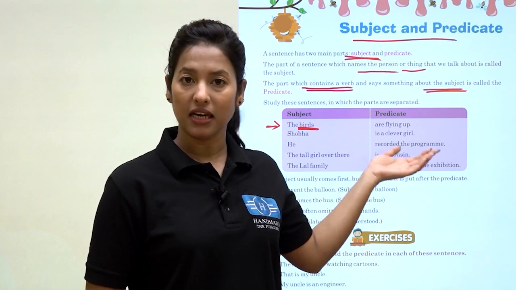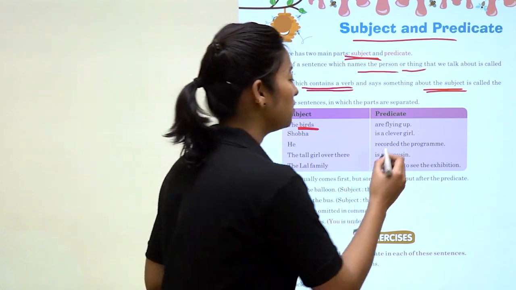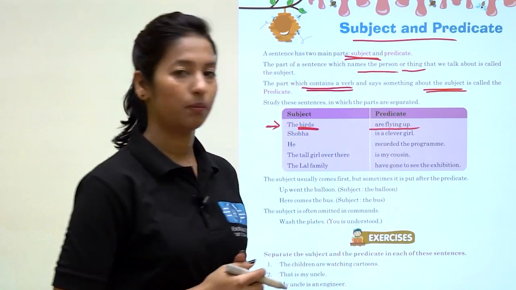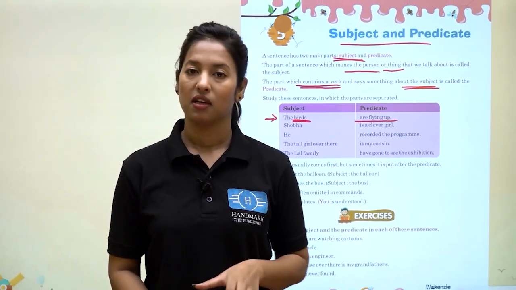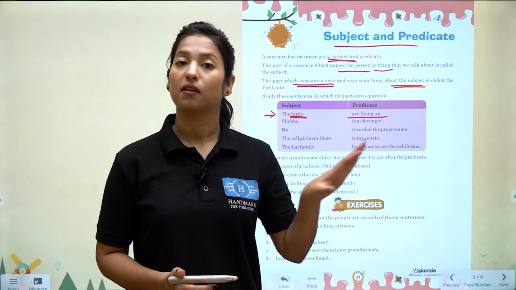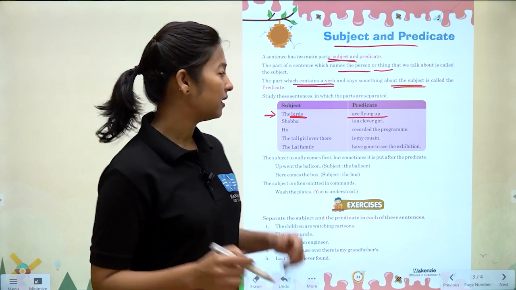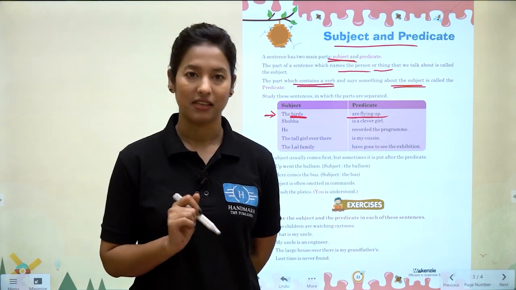So what is said about the birds in the sentence? We have the information, are flying up. So here, are flying up is the predicate. And since, as I have told you, the predicate contains a verb, here are flying up is the verb of the sentence.